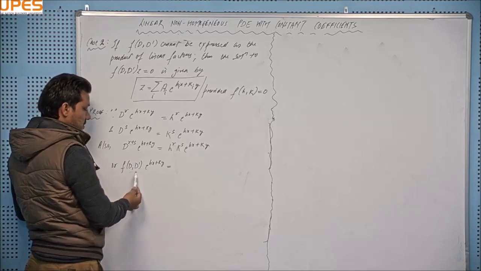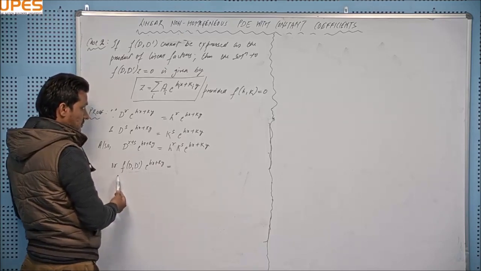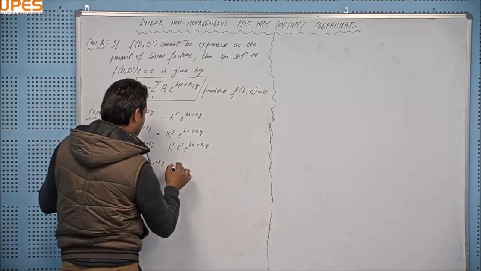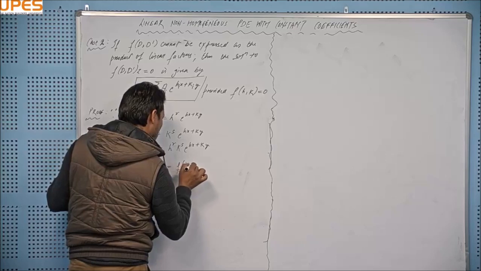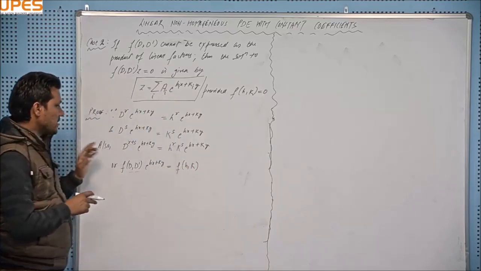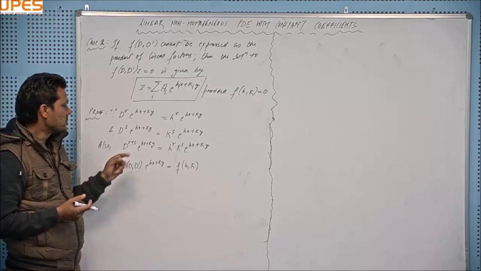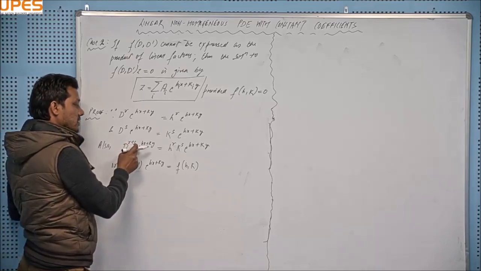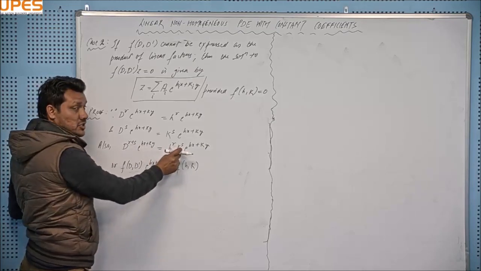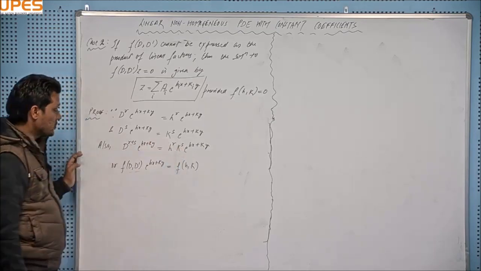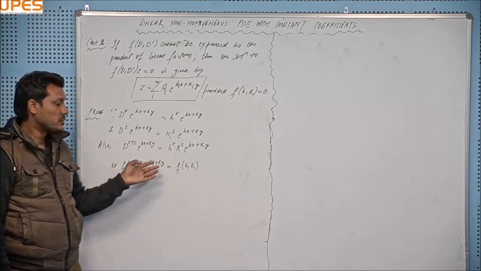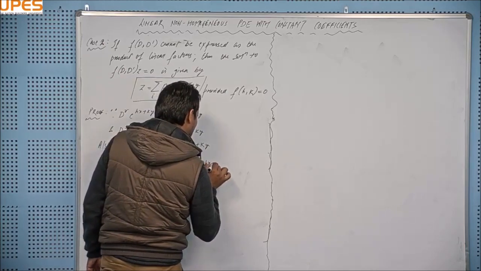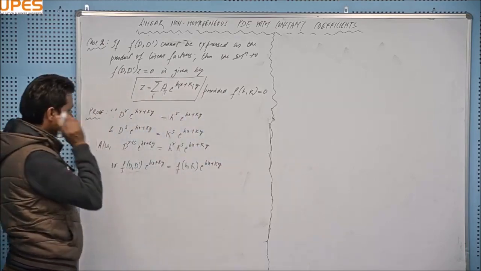Similarly, suppose it is an nth order operator, then it will be like f(h, k), whatever the order, just D gets replaced by h and D dash gets replaced by k, because you can write this as D to the power r into D dash to the power s. You can think in that way. So f(D, D dash) is generally replaced by f(h, k) times e to the power hx plus ky.